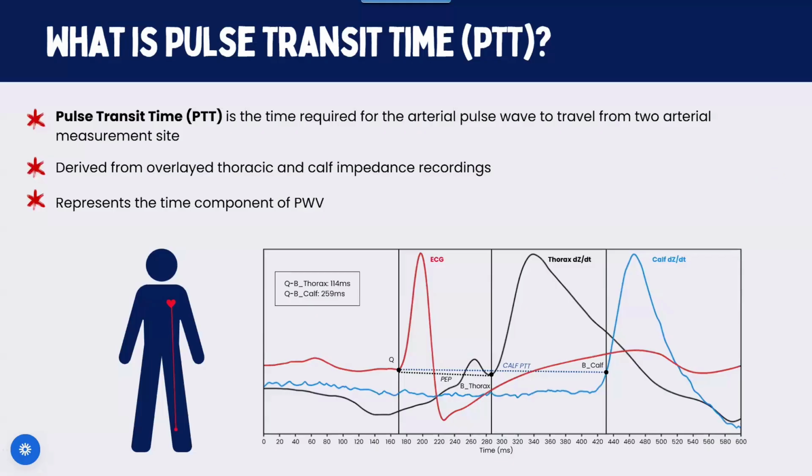So as we mentioned, pulse wave velocity is really looking at a measure of distance and time of this pulse wave. So the first component that we need to talk about is pulse transit time, which represents the time component of pulse wave velocity. And pulse transit time is the time required for that arterial pulse to arrive at the periphery.